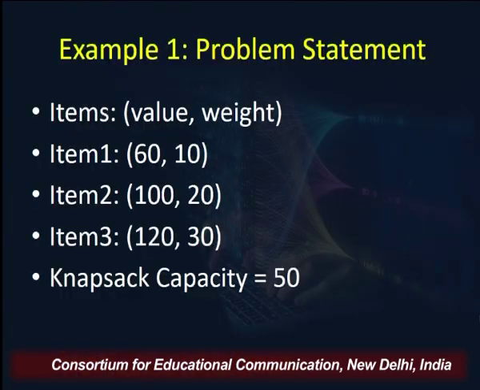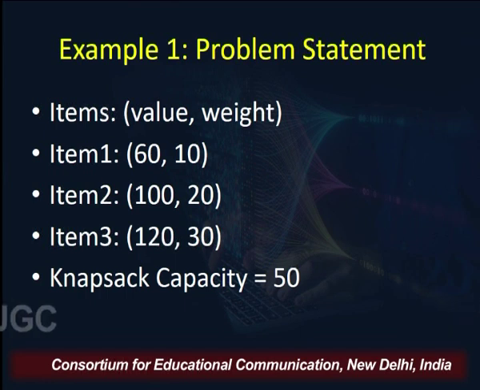So, let us try to see this with the help of an example. Here, let us say we have 3 items, and the value and weight of each item is given. Item 1 has a value of 60 and a weight of 10 kg, or any unit you are comfortable with.